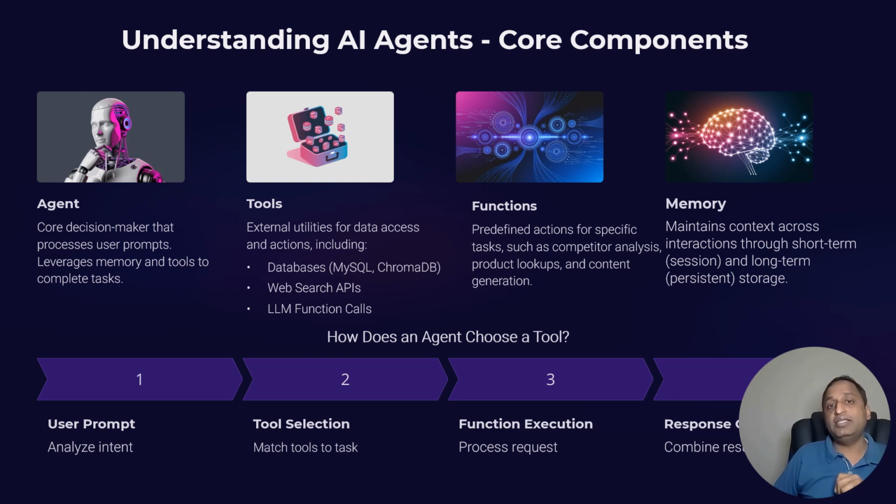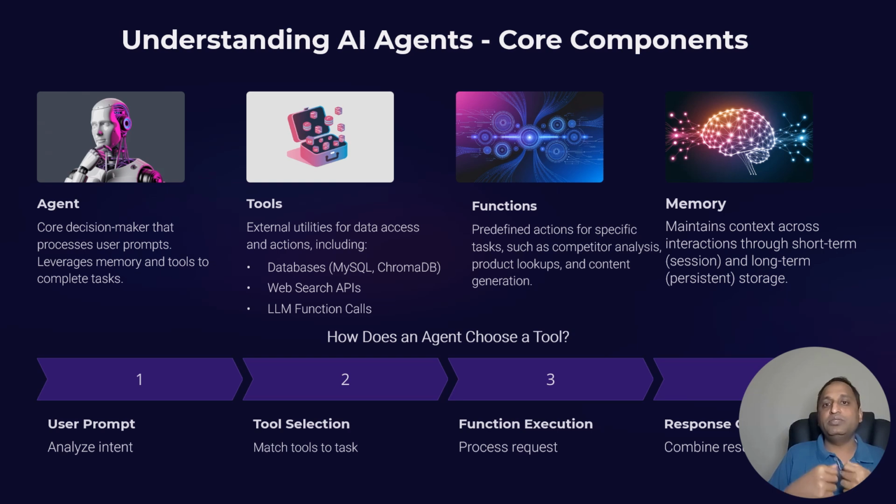So how does the agent choose which tool to use? For example, say I have an agent with three tools: one to get data from the local database, another to do a search from the RAG system, and another to do an external API call. How does it decide? It basically understands the intent.